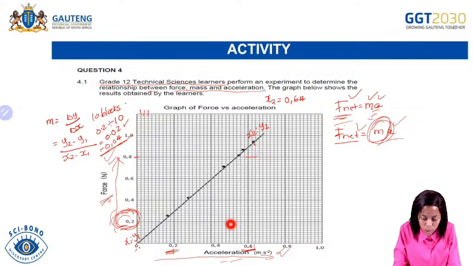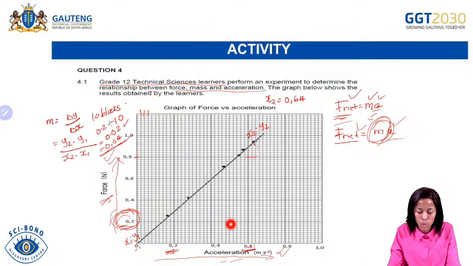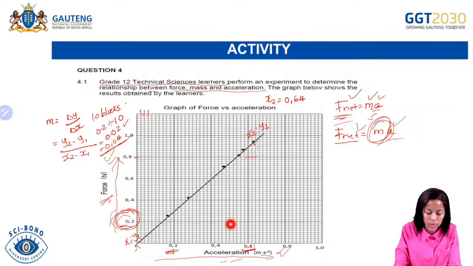It is about 6 blocks. If you have 6 blocks going up and each block is represented by 0.02, what will your y value be? You are going to say 0.02 multiplied by the 6 blocks. What does it give you?